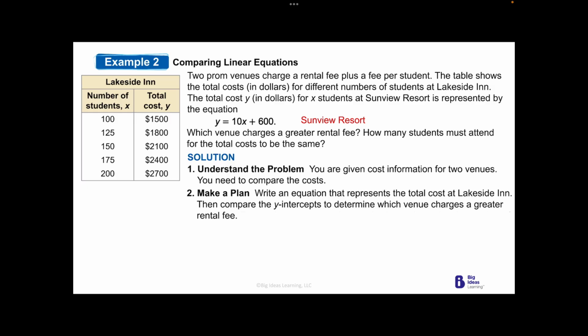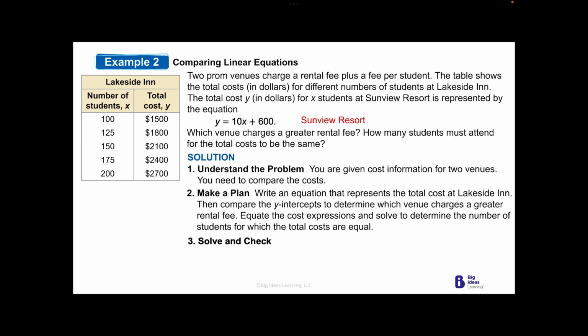Because that way it's going to be a heck of a lot easier to determine the cost and to compare them both. Then compare the y-intercepts to determine which venue causes the greater rental fee. Equate the cost expressions and solve to determine the number of students for which the total costs are equal. That's really after we set up the equation, and then after that, solve and check.